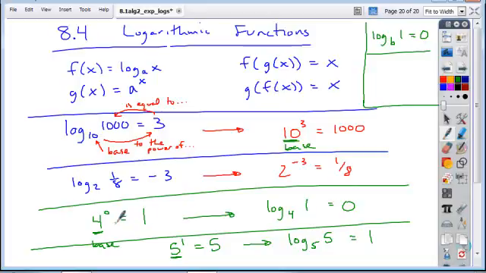And then the other consistent one is when you take the log base b of whatever your base is. Again, b to what power is always equal to b? 1. So that's always going to equal 1. So looking at those two, be really consistent. Again, in any log form, b can never equal 1. Everything else, you're good, as long as it's a positive number.